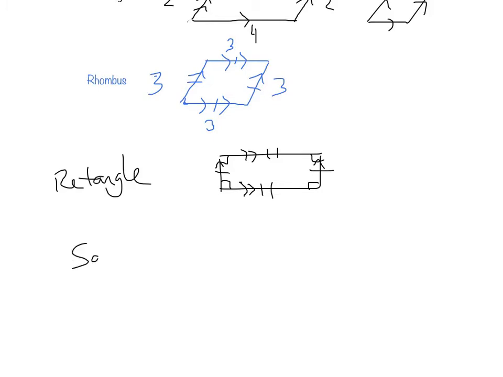Now how about a square? Well, that's a terrible square. We've got 4 right angles and 4 congruent sides, and these are parallel, and those are parallel. All right, easy peasy, right?